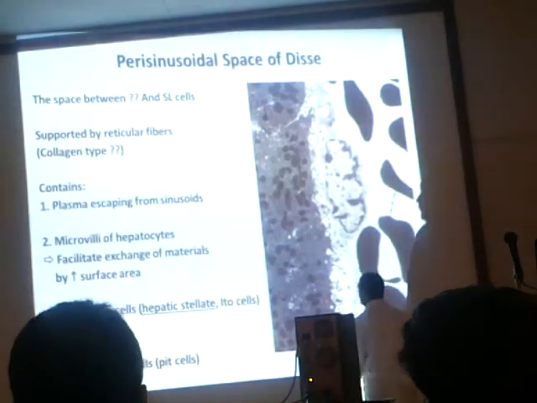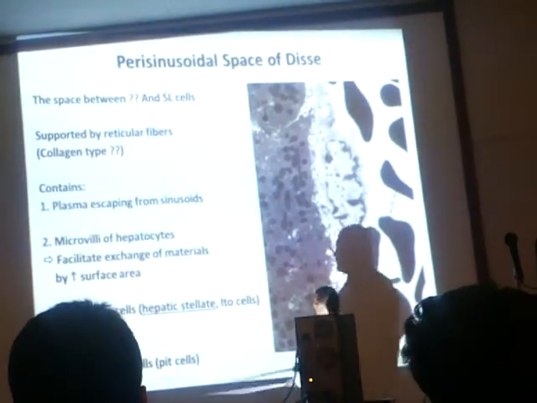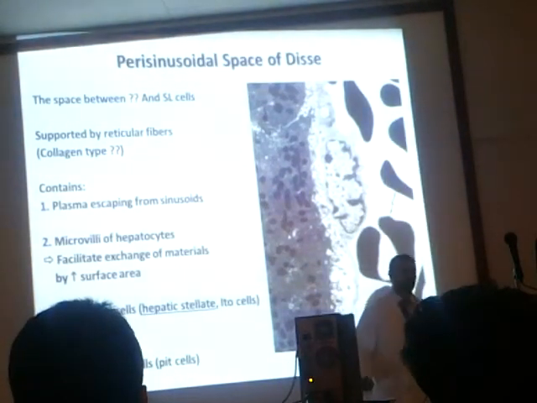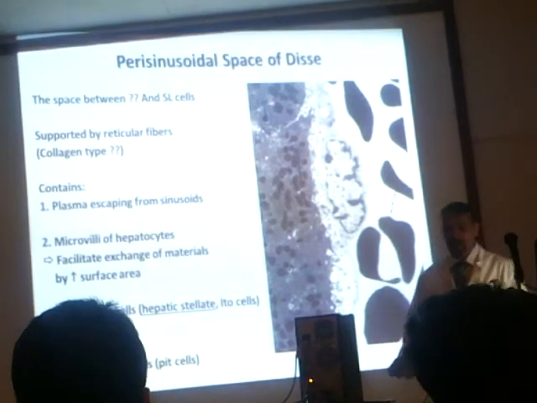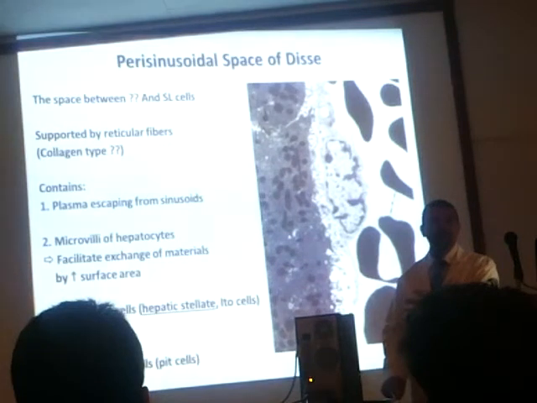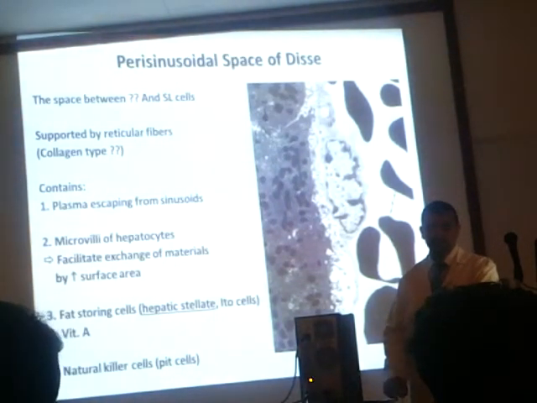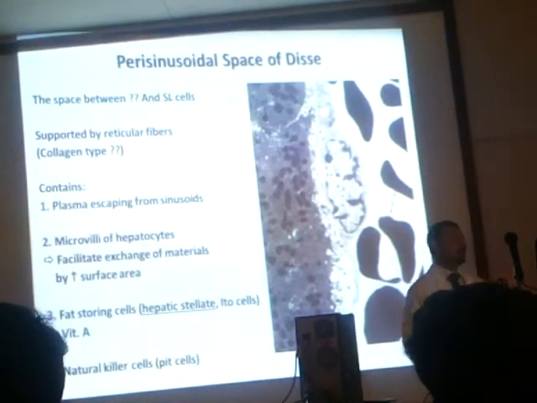We call them Ito cells, referring to the Japanese scientist who described them, a person called Ito. Ito cells are in the area of the liver which stores vitamin A. So vitamin A is stored there in Ito cells. And they have a very clinically significant feature.